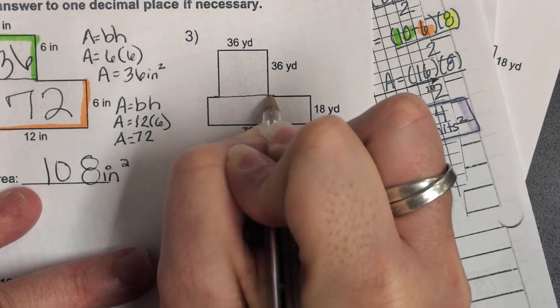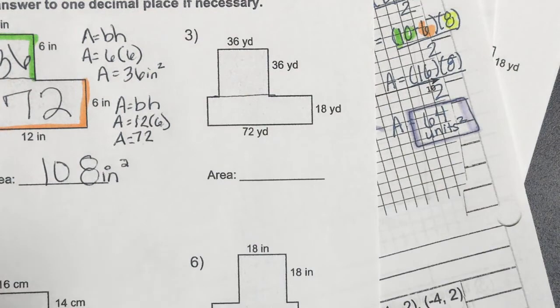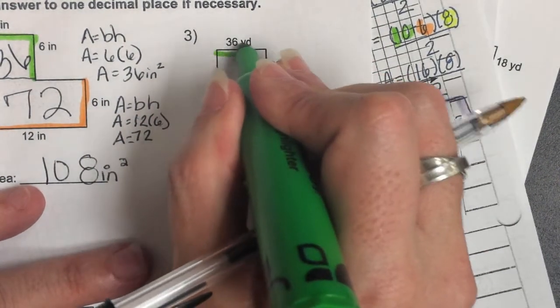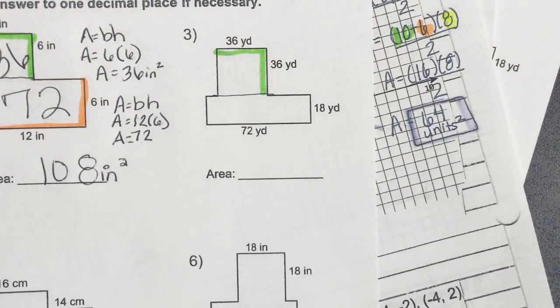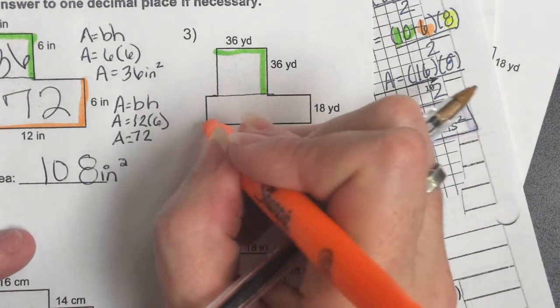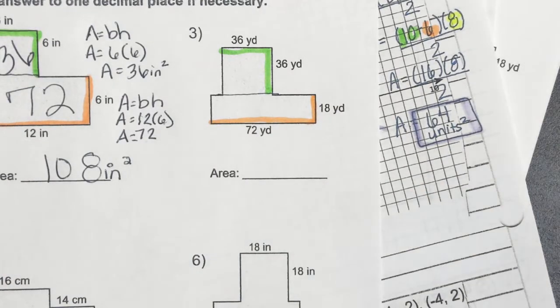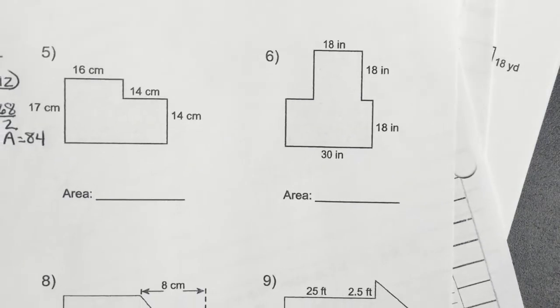I'm going to slice it right there. Makes that one pretty obvious. Sorry. It is 36 by 36 and 72 by 18. Okay. I'm trying to help you a little bit, guys.